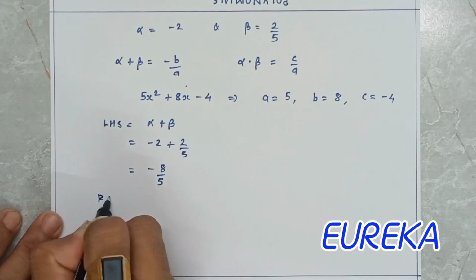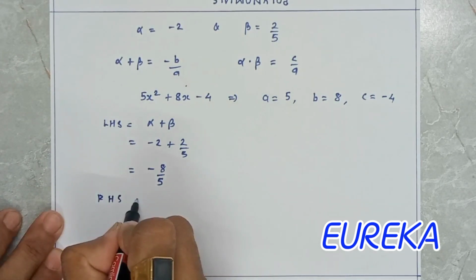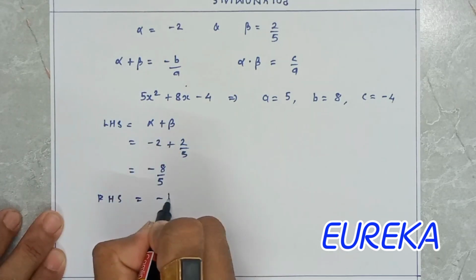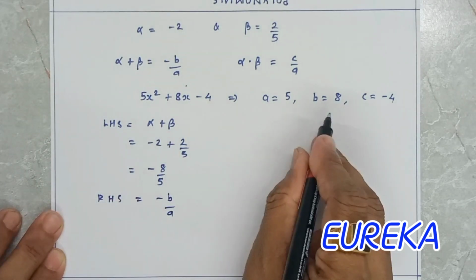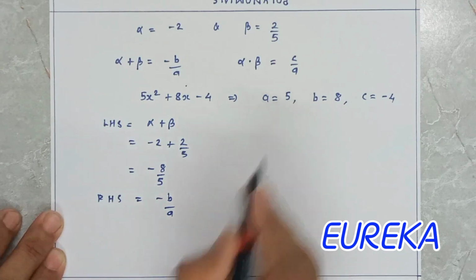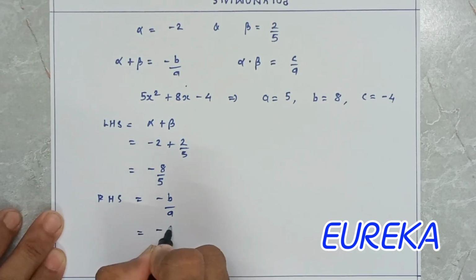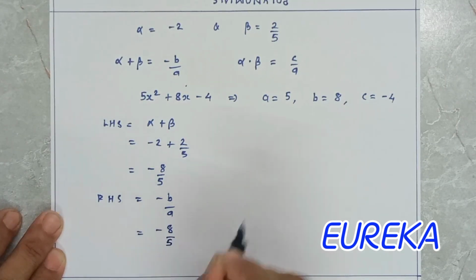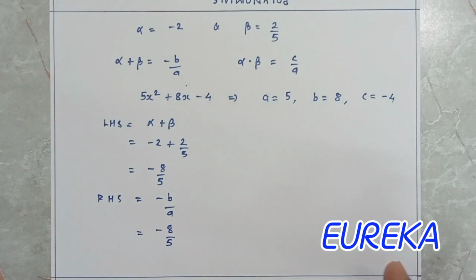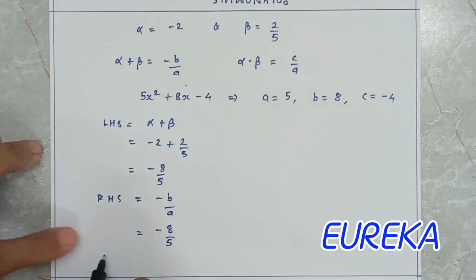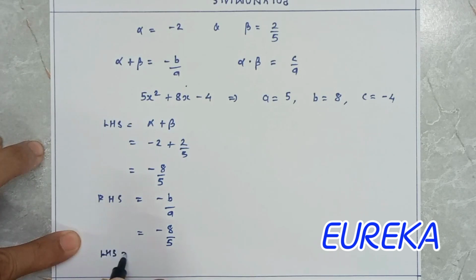And RHS will be minus b by a. What is our b? 8, and what is our a? 5. So it will be minus 8 by 5. What we can say from this is that LHS equals RHS, which means verified.